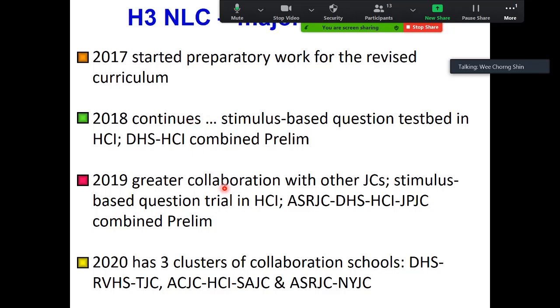In 2019 we had collaboration with other JCs. A stimulus-based question was set with Shuang Ling, and we had a collaboration between 4 JCs for the combined prelim. Last year, although it was a COVID year, we had 3 clusters of collaboration schools, which are indicated below. So we have 3 different sets of stimulus-based questions.